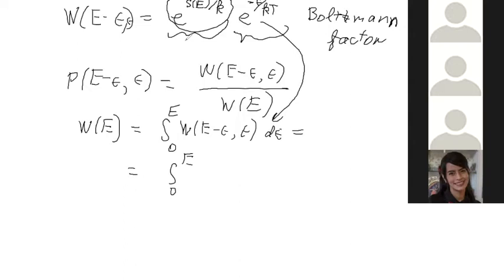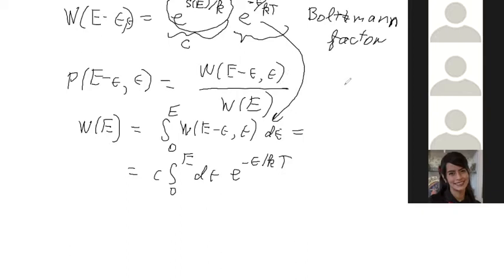Okay, let me call this factor C, d epsilon, by E epsilon over kT, okay?